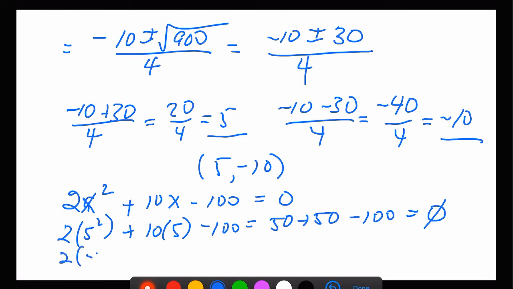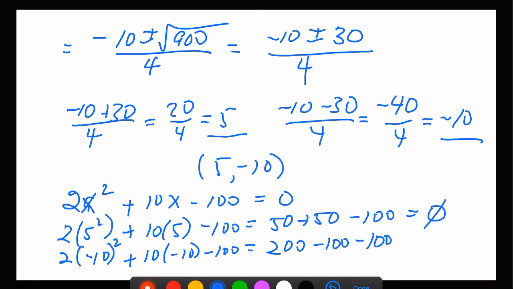Or 2 times minus 10 squared plus 10 times minus 10 minus 100 is 200 minus 100 minus 100 equals 0. What could be more fun?